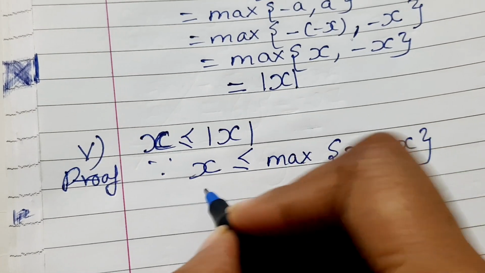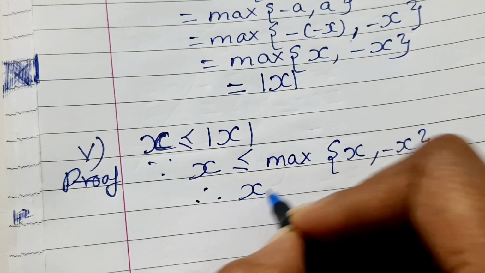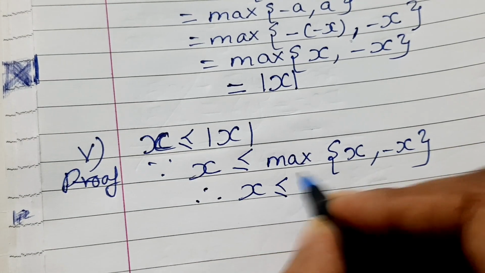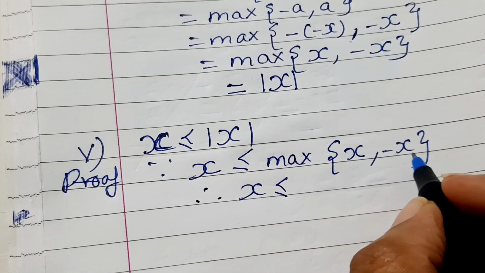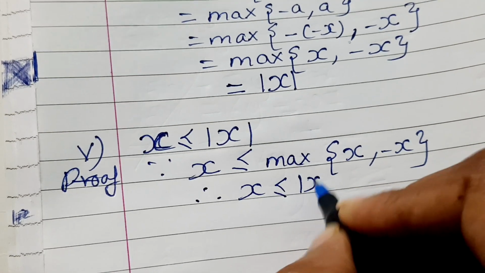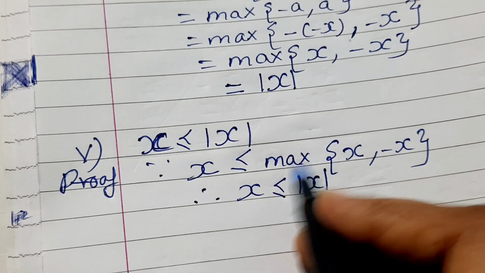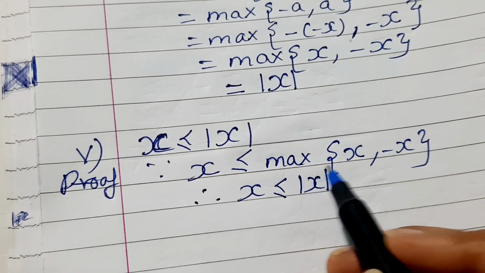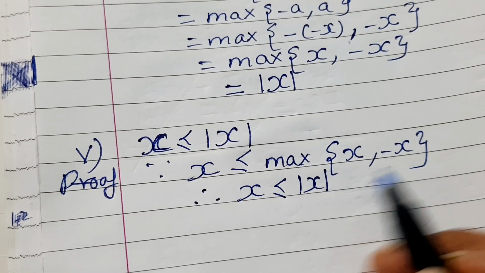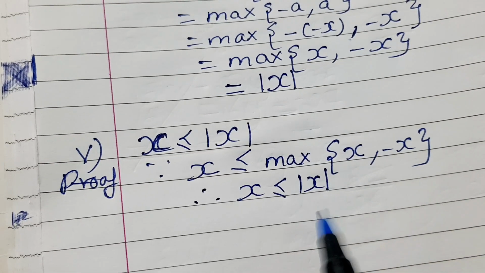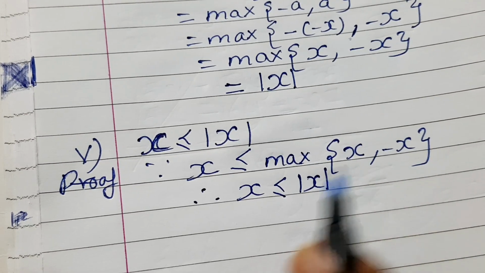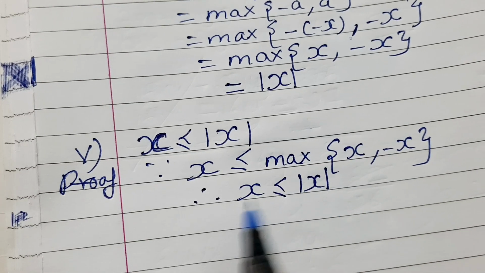So I can directly write that x is less than or equal to the maximum of x comma minus x, which is nothing but modulus of x, because I have already proved this result. I hope you have understood this, and thanks for watching.